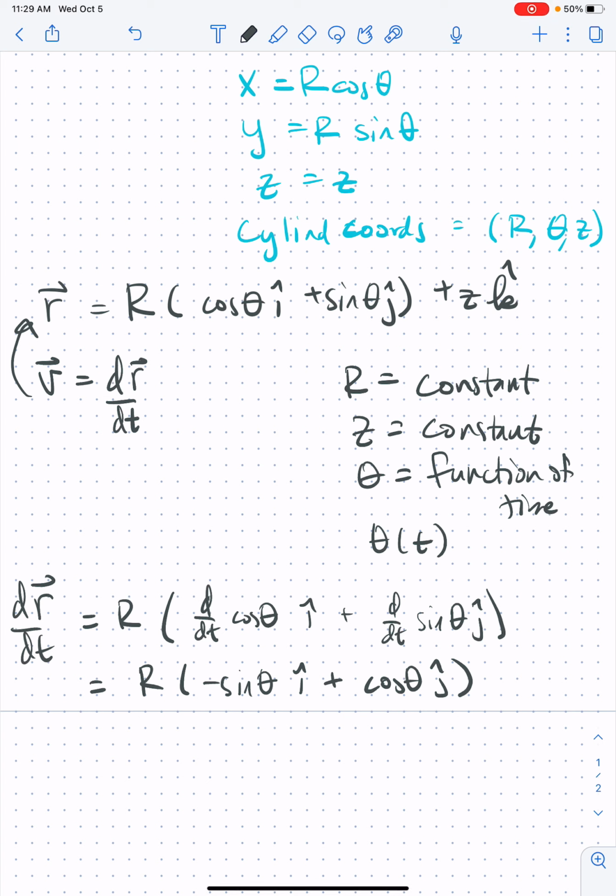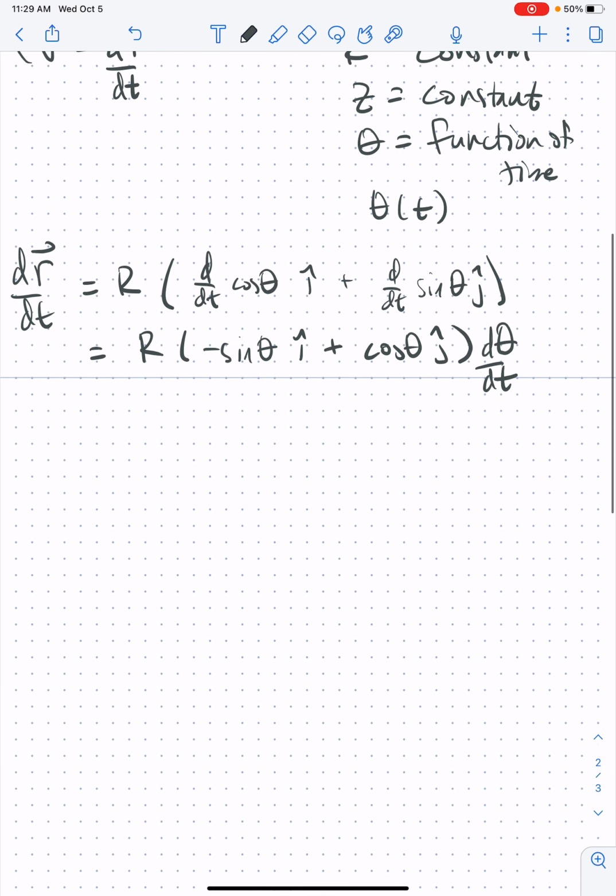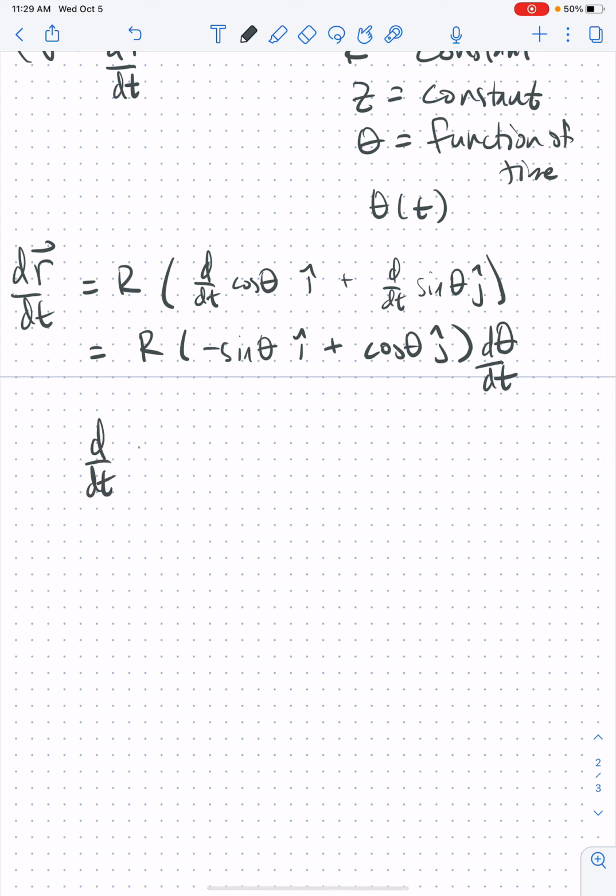Now notice that this thing has times d theta dt, sorry. The derivative of cosine theta is negative sine theta d theta dt, by the chain rule. And the derivative of sine theta is cos theta d theta dt.